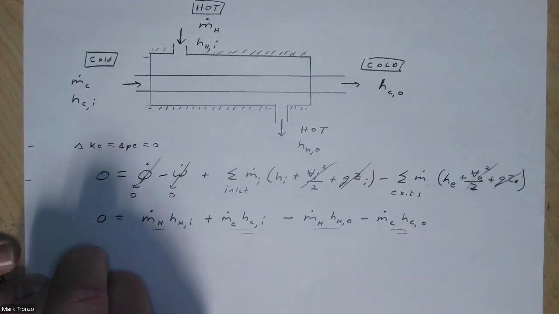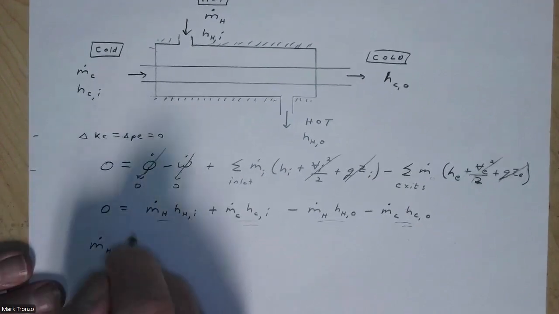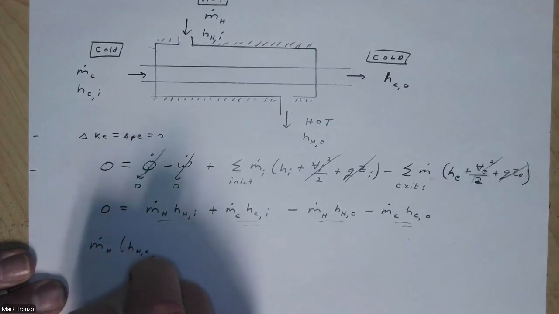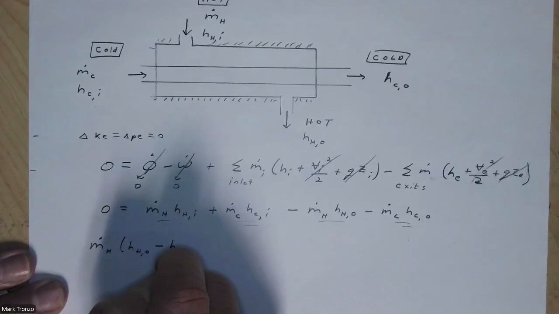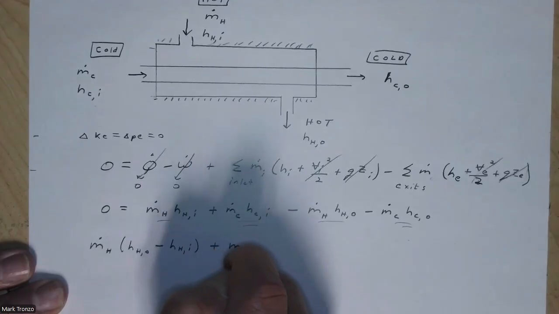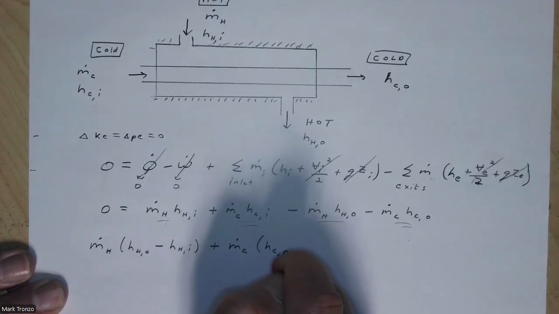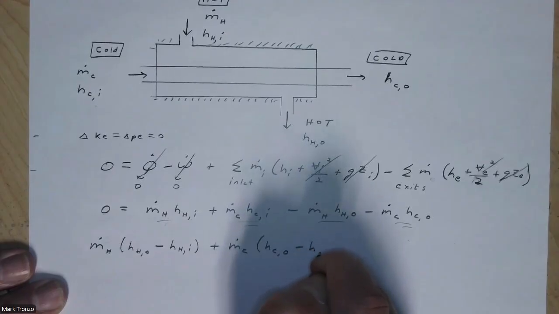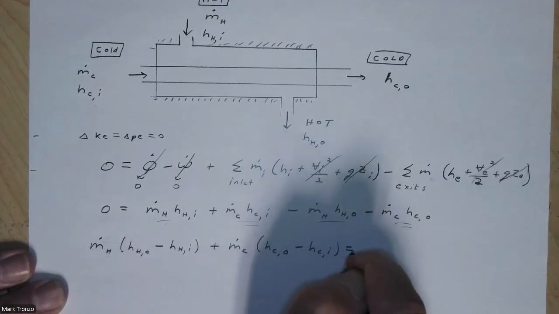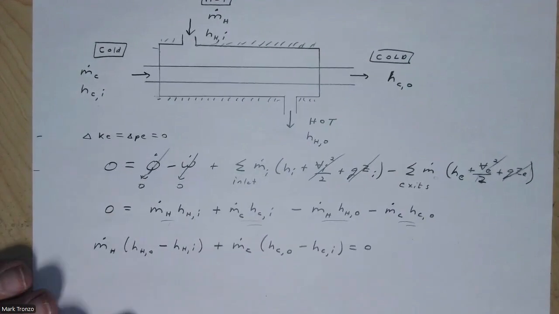So we end up with M dot hot times H out minus H in, plus M dot C times H C out minus H C in, set equal to 0, like this.